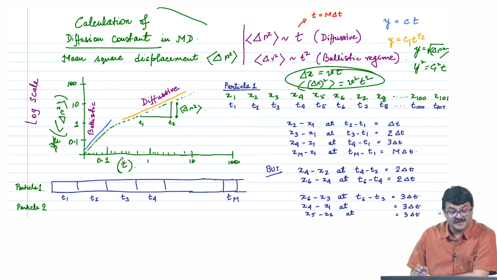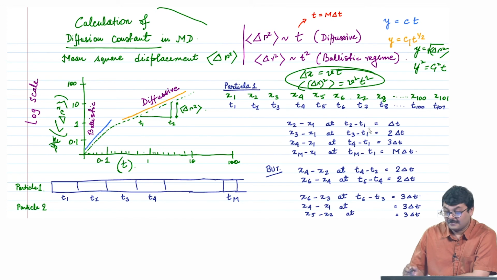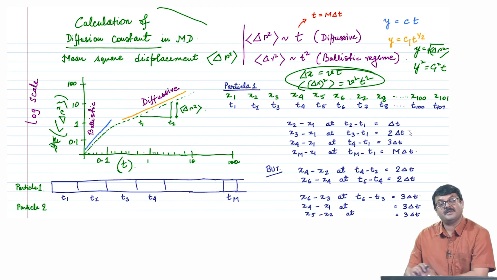And for the net displacement at a larger time, you can calculate x 3 minus x 1, which is the net displacement at time T 3 minus T 1, which is nothing but equal to 2 delta t.